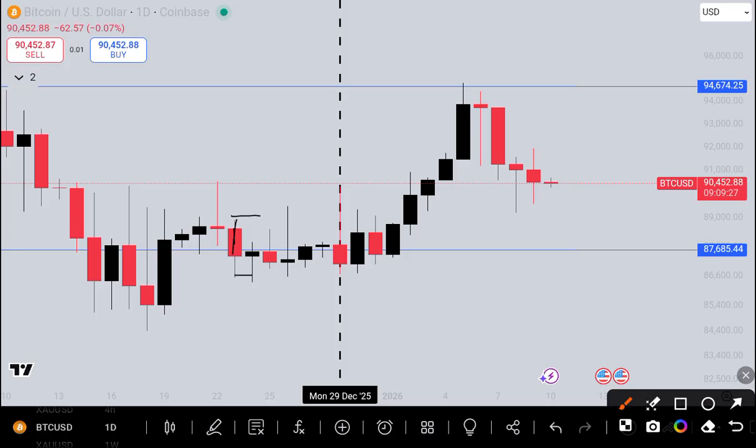What did the price do the next day? It sweeps that low but doesn't close below it, and doesn't close above it either. That's uncertainty, giving a sign that there's a possible reversal to the upside. The next day it tries to push up, doesn't close above, doesn't close below. The next day pushes up, doesn't close above, doesn't close below.